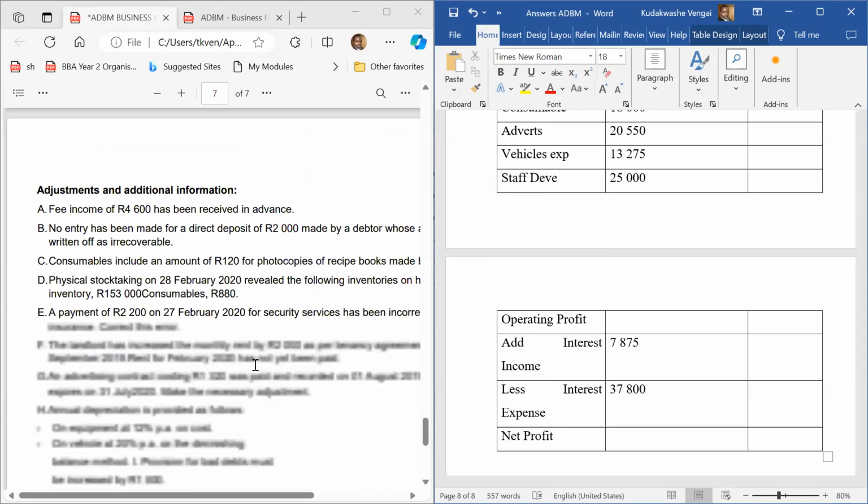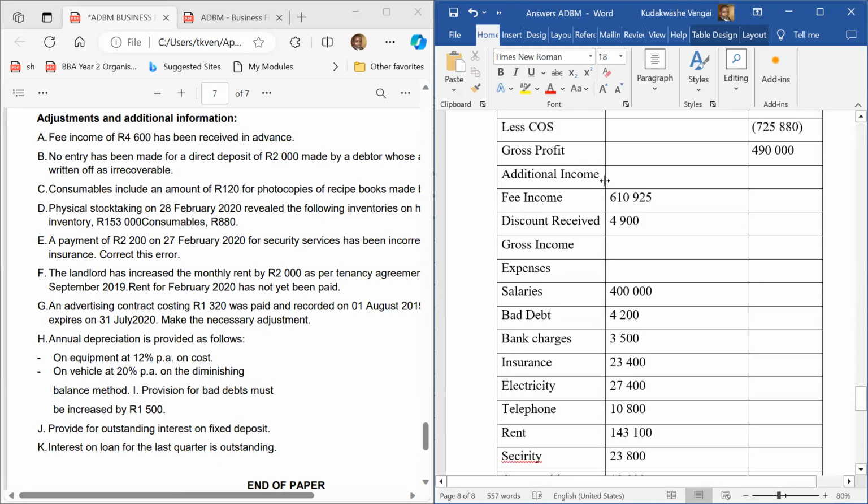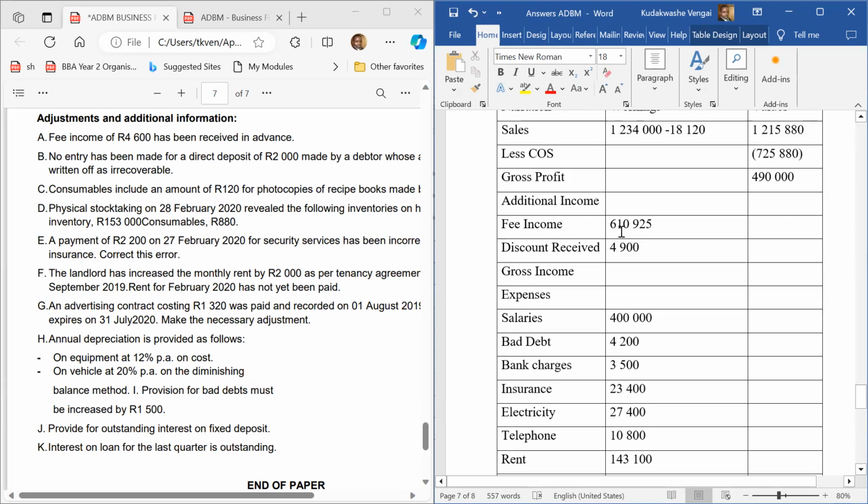All right, so adjustments. Adjustment number A, fee income of 4,600 has been received in advance, which means that on our fee income here of 610,000, right, 4,600 is paid for in advance. We don't need it this year, because remember, we only want to record the fee income for the current year.